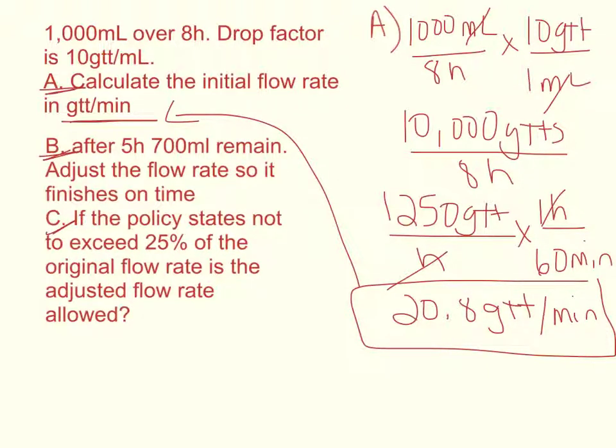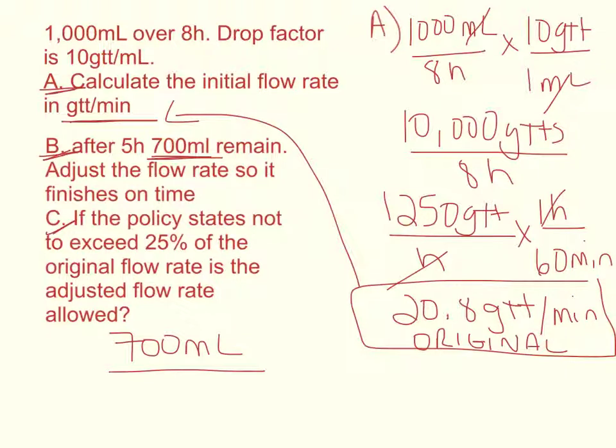So when we come to part B now, it says after 5 hours, 700 milliliters remain. Adjust the flow rate so it finishes on time. So we just calculated the original flow rate. Now our new flow rate, we're not going to use the 1,000 milliliters over 8 hours. We're going to use the 700 mils.